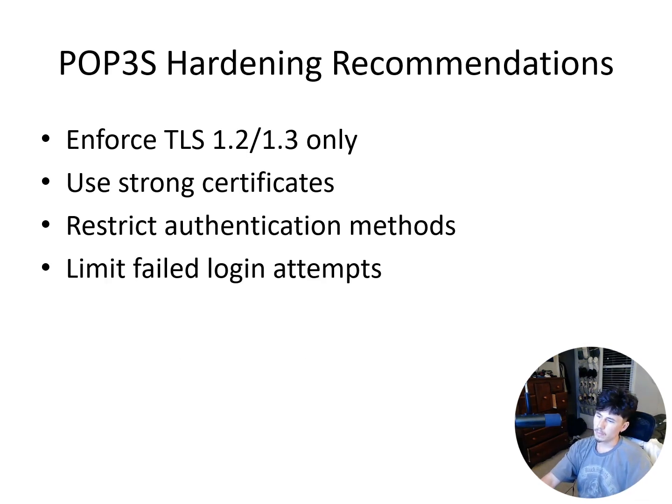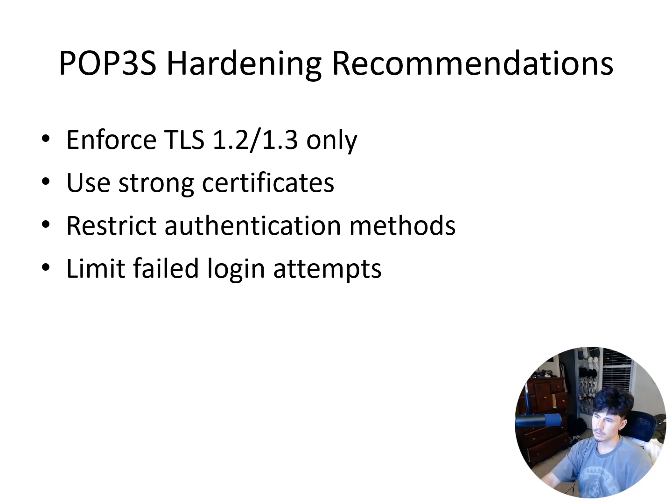Alright, on to hardening. Hardening POP3S is crucial because email servers are frequently targeted by attackers. First, administrators should enforce only modern versions of TLS, specifically TLS 1.2 and 1.3. Older versions such as SSLv3 or TLS 1.0 have known vulnerabilities and should be disabled. Second, strong certificates such as RSA with 2048-bit keys, or ECC-based certificates should be used to ensure that clients can properly verify the server's identity.